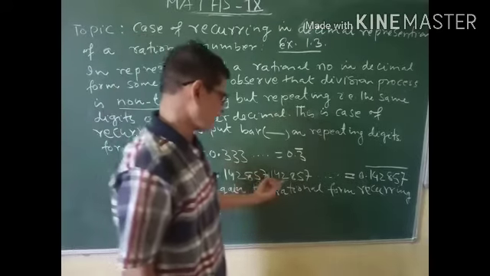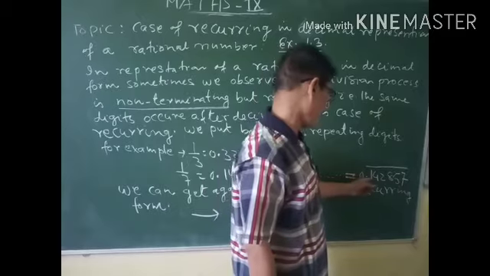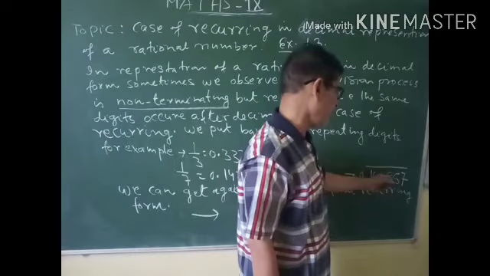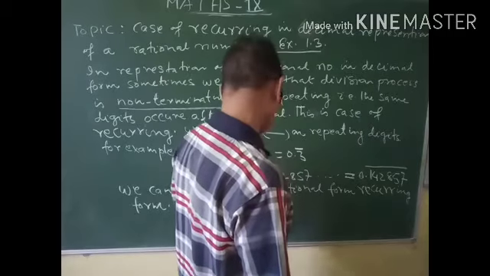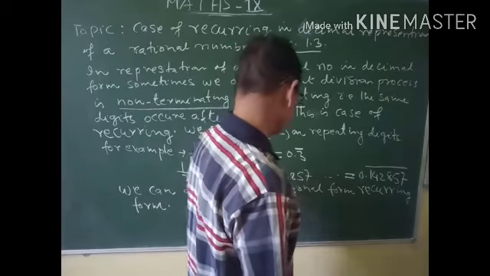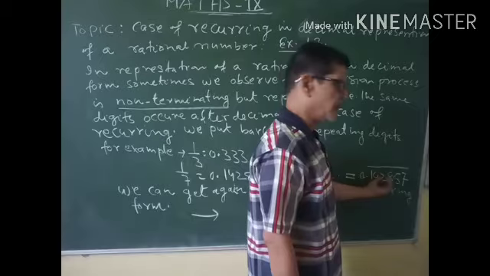So thus we can write 0.142857 with a bar. This is the case of recurring.